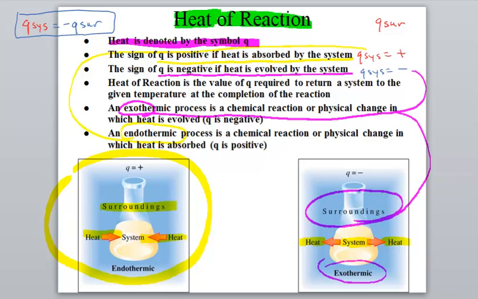Not just the number, not just the heat, but the sign, whether it's negative or positive, tells you which way the energy is flowing. You have to be extra careful when we're working on these problems and understand what negative and positive means. Having a negative heat doesn't mean it's negative energy. The negative just tells you which way the energy is flowing, into or out of the system.